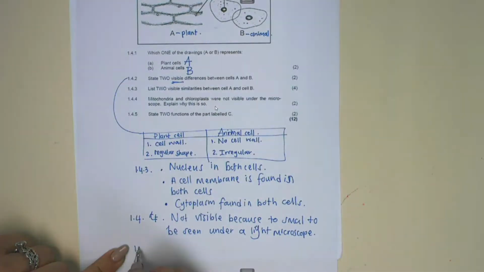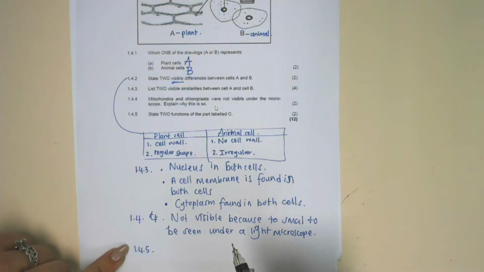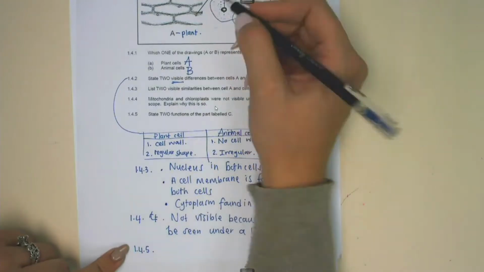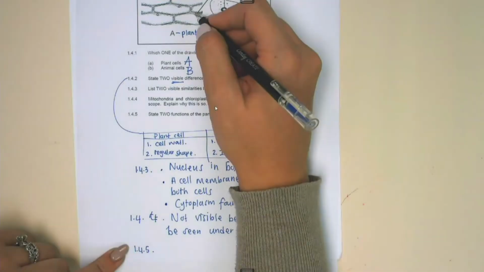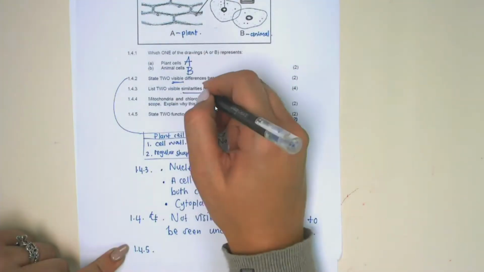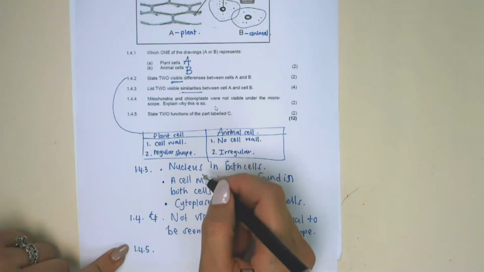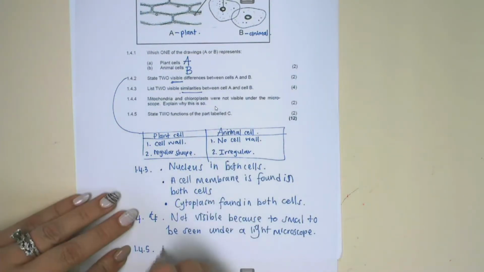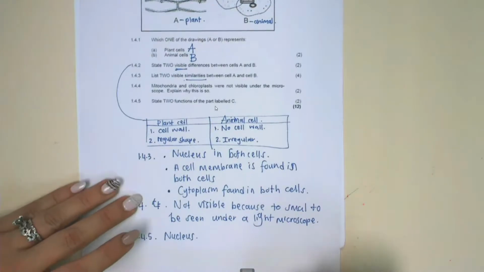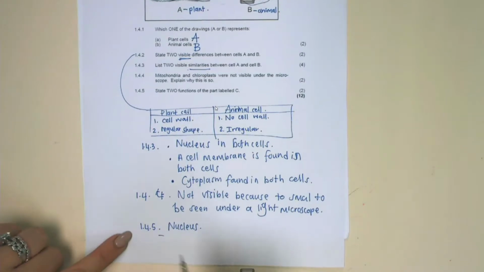And then the last question in this section, you will see that it says state 2 functions of the part labeled C. So again, we have to make sure what is the part labeled C. Now remember, we said that was one of the similarities in our question, which was our nucleus. You can first maybe just say yes, it is the nucleus again if you want, and then you can just state 2 functions.